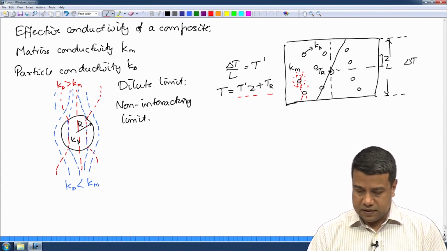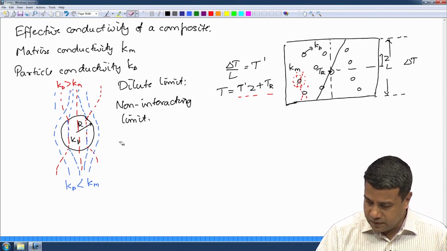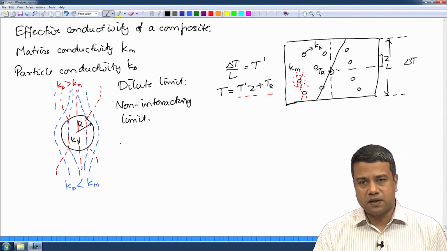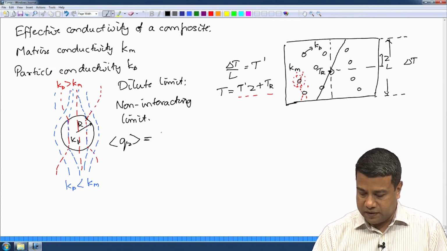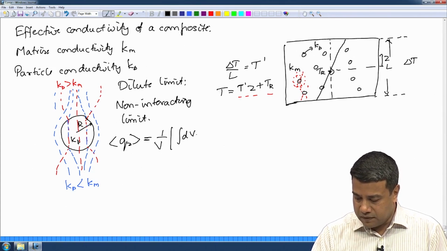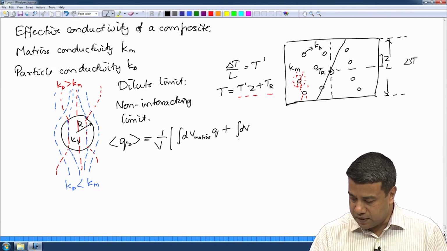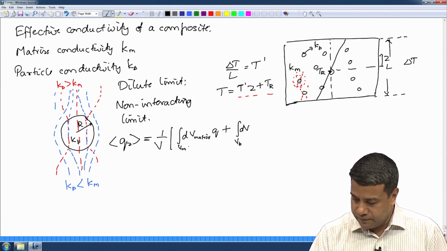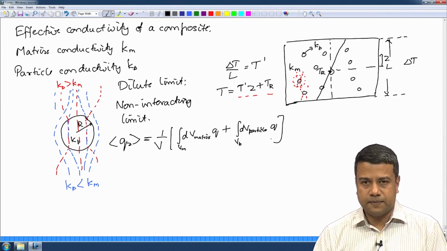How do I calculate the average flux? There are a few different ways to do it. From our perspective, since we are doing a dynamical calculation, the average flux in the z direction can be written as a volume average: 1 over the total volume times the integral over the volume of the matrix of q, plus the integral dV over all the particles of q.